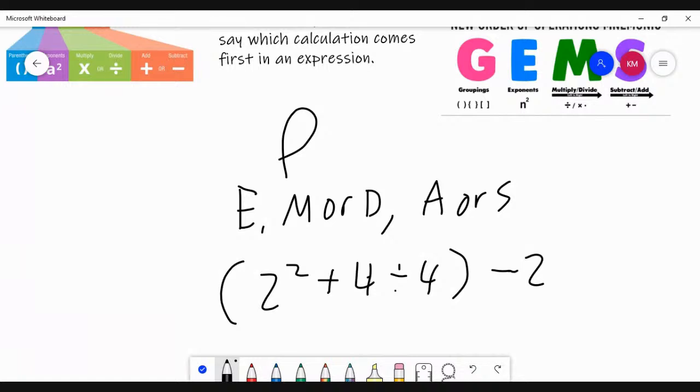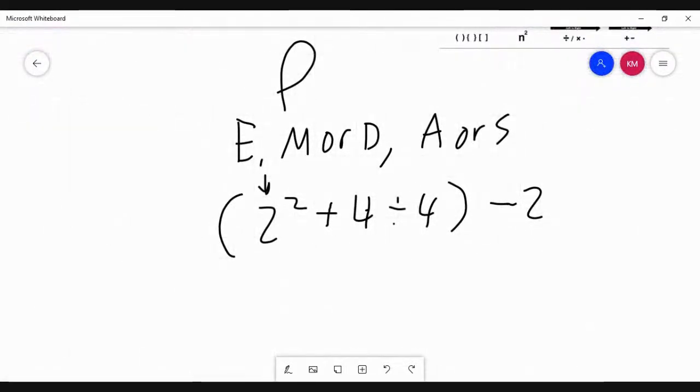What must I do first? Well, I must follow the order of operations within those parentheses. So, first thing I look for are exponents. Are there any exponents within those parentheses? As you can see, we have a 2 squared in our parentheses, or 2 to the second, or 2 raised to the second power, or 2 to the power of 2.